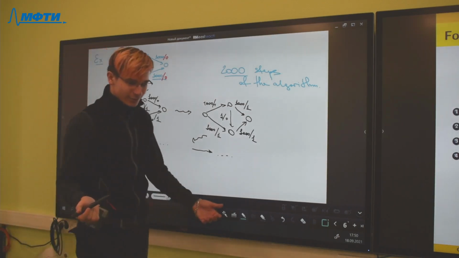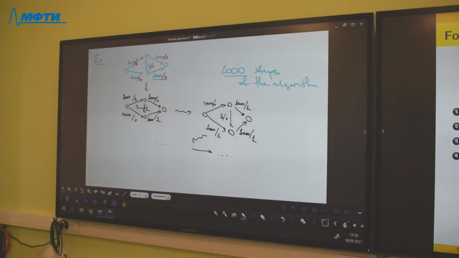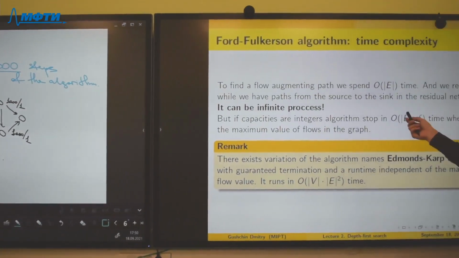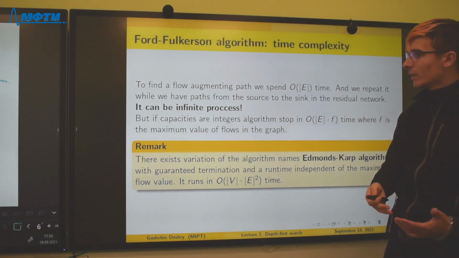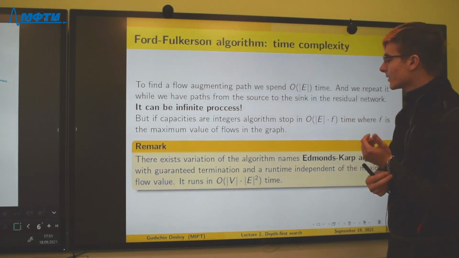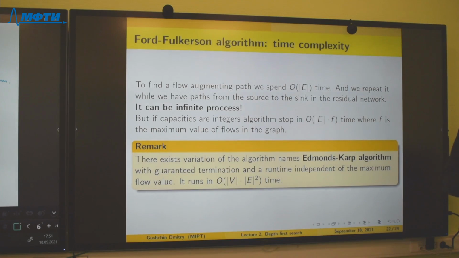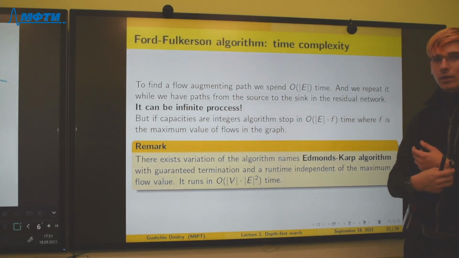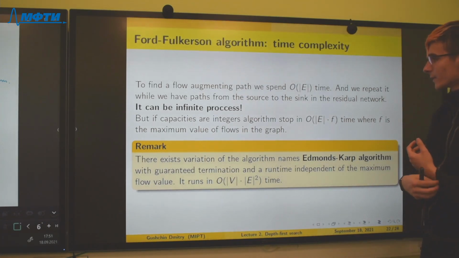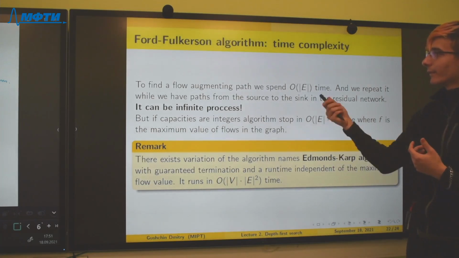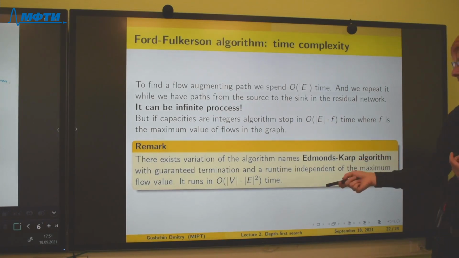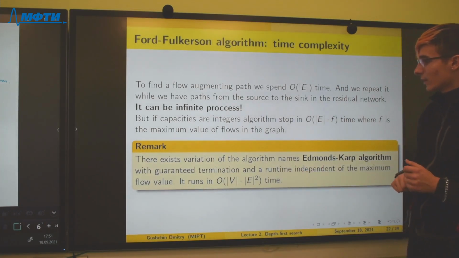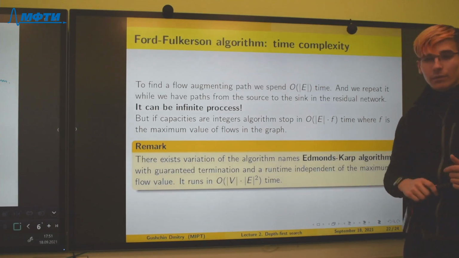And it is bad, of course, because we want a time complexity that depends only on the number of edges or vertices, not on the capacities. Okay, and of course there is an improvement of this algorithm, named the Edmonds-Karp algorithm, that runs in this time.